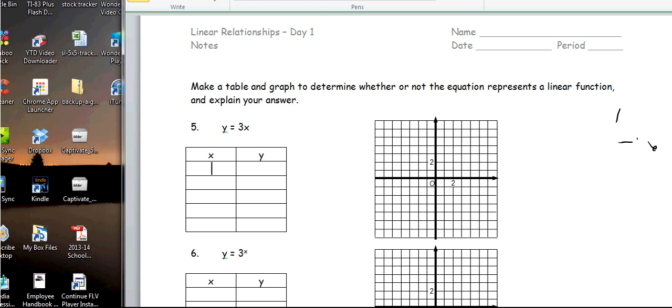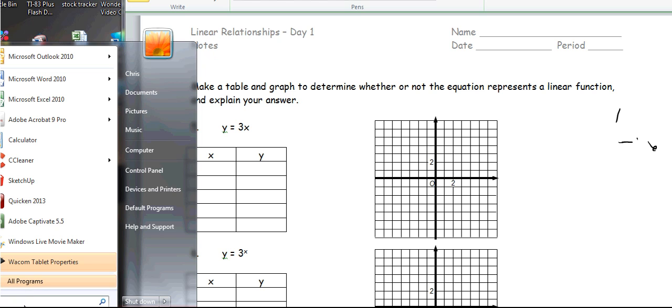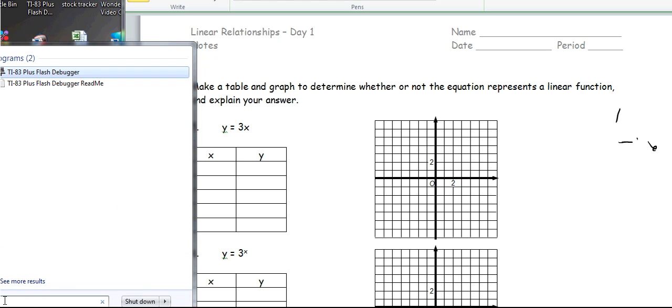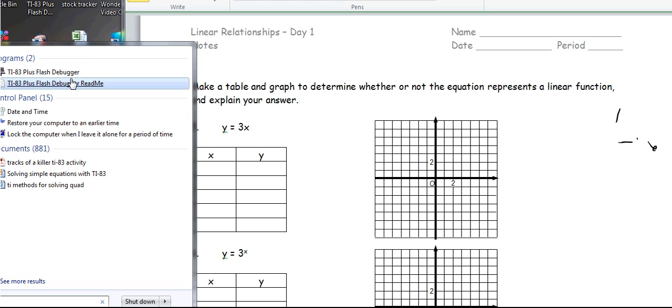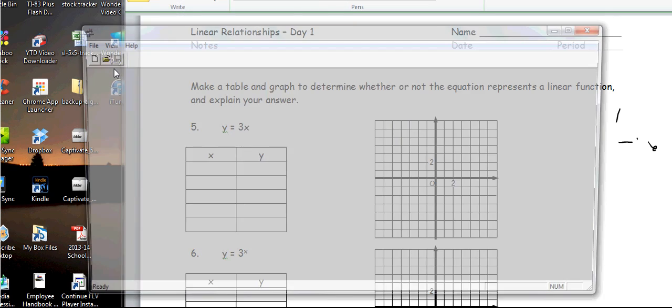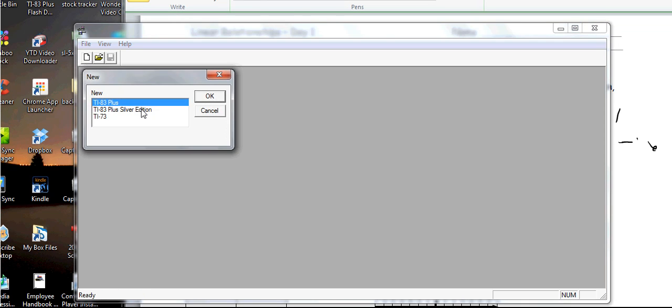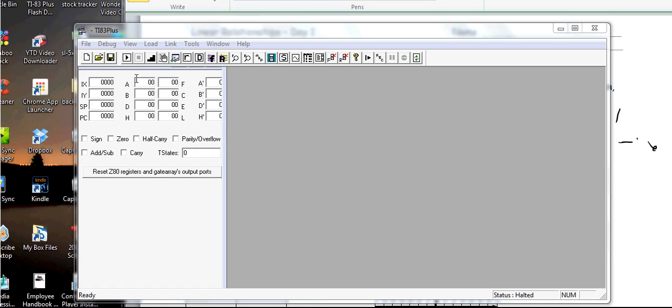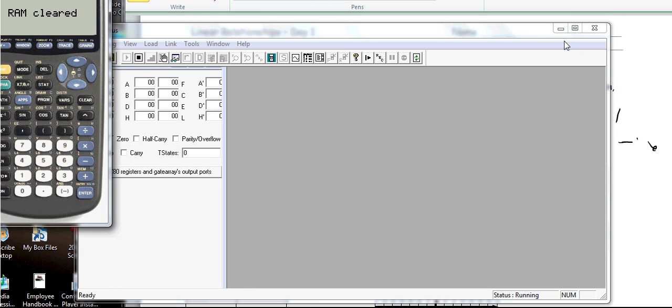While I am bringing my calculator back up, I would like for you to go ahead and find your y equals and put in the 3x. Thank you for bearing with me.